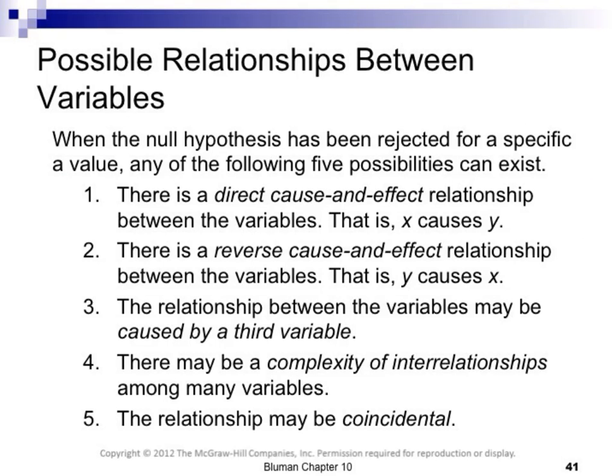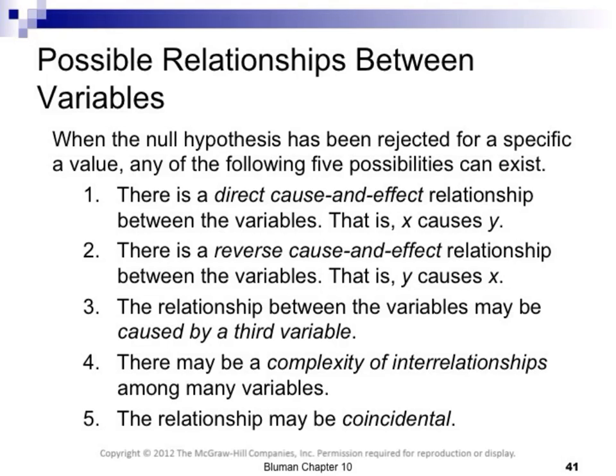So, possible relationships between variables. When the null hypothesis has been rejected for a value, there are 5 reasons that could happen. Obviously, it could be that there is a direct cause and effect between the variables: X causes Y. It could be that we have it backwards, that Y actually is what causes X. The relationship between variables could be caused by a third variable.